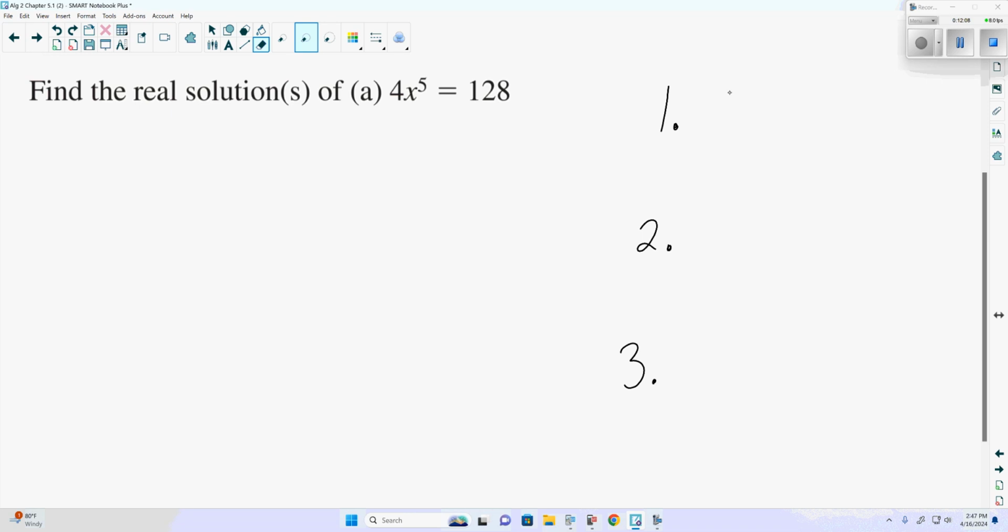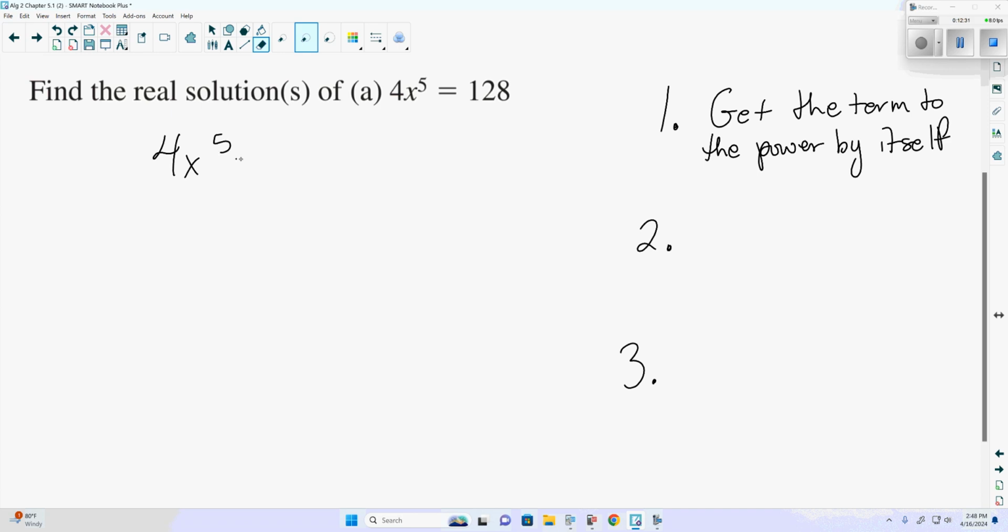Now, our first step is to get the term to the power by itself. In this equation here, what's our term to the power?